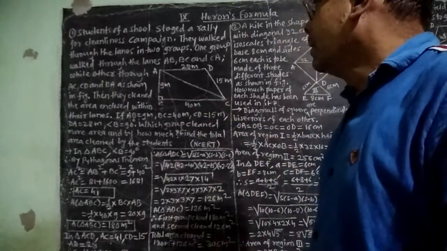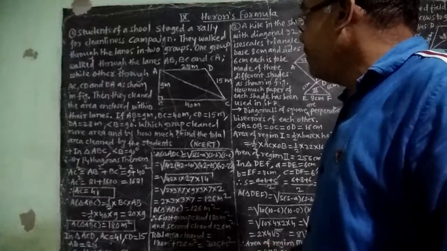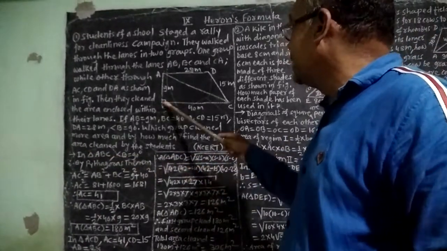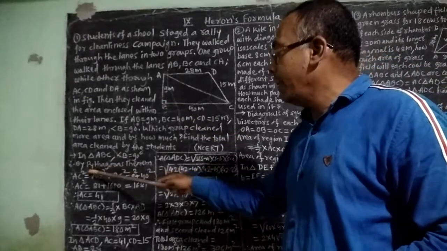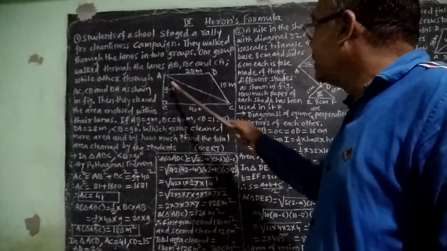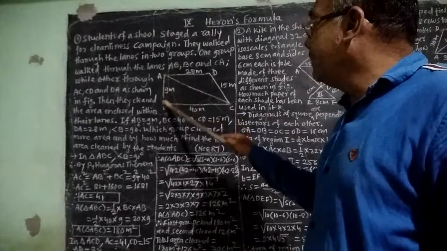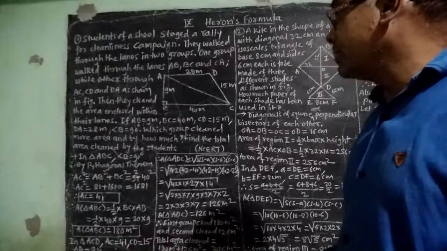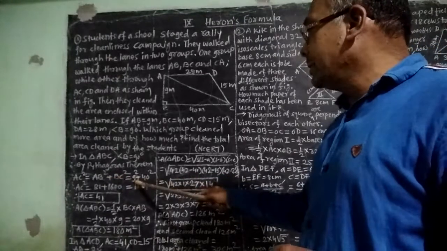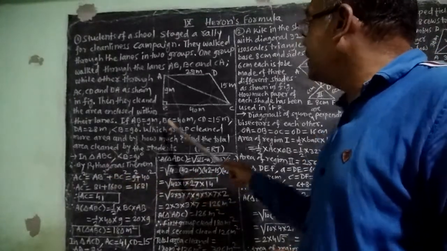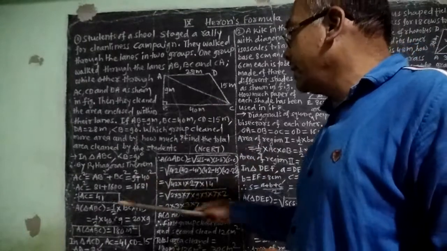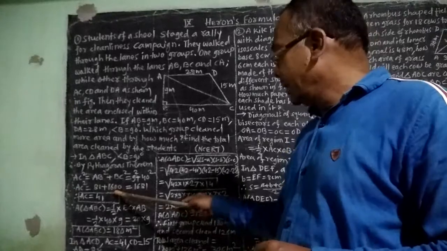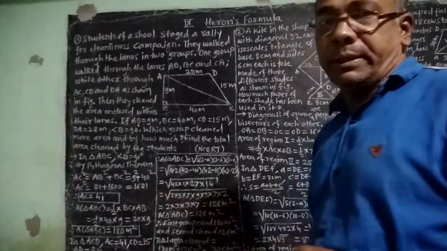So here we will apply it first. Here in triangle ABC, angle B is equal to 90 degree, it is given, and therefore by Pythagoras theorem we can write AC square is equal to AB square plus BC square. Here AB is 9, so 9 square plus BC is 40 square, and therefore AC square is equal to 81 plus 1600, that is equal to 1681.